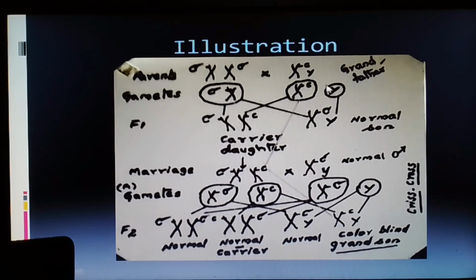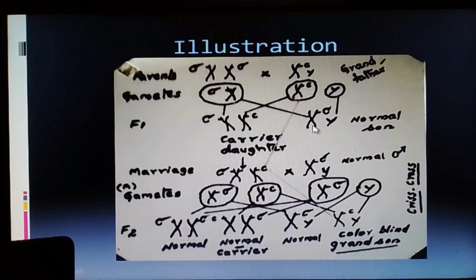So this male individual is purely normal. There is no mention of carrier here, because we call it a carrier of the gene only when there are two genes, capital C and small c. But here only one X is sufficient to make the character, capital C.